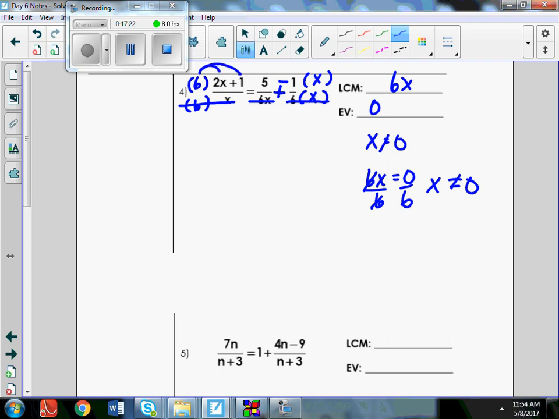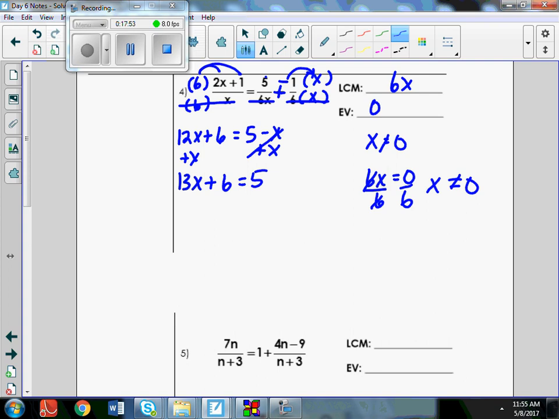So on the top here, I have 6 times 2x plus 1, so I get 12x plus 6 is equal to, I have my equal sign, and then I have 5, and then plus my negative 1 times x, so minus 1x. Now I just solve that. So I'm going to add x to both sides, and I get 13x plus 6 equals 5.